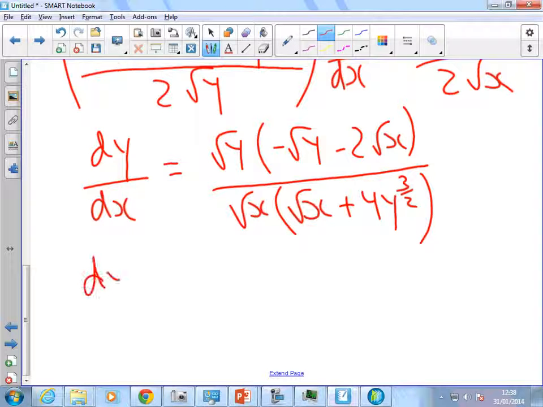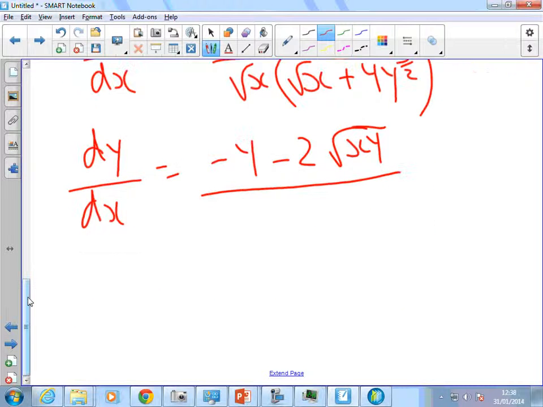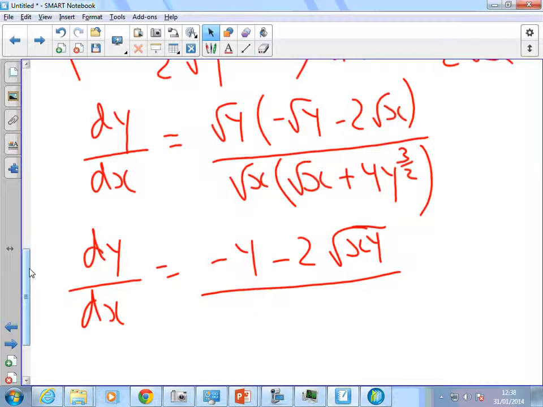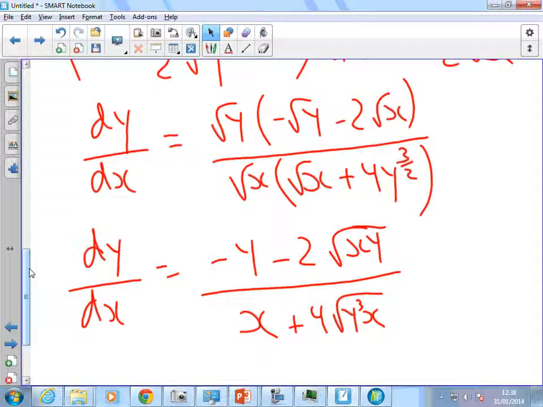So dy by dx is equal to, multiplying out the top by root y, we get minus y minus 2 root x y all over, multiplying the bottom by root x, removing the bracket, we get x plus 4 root y cubed x. And that looks as nice as it can be, I suppose, and that's the final answer.